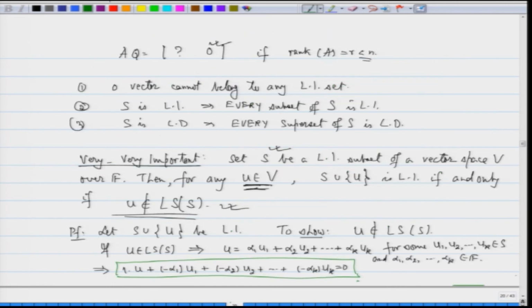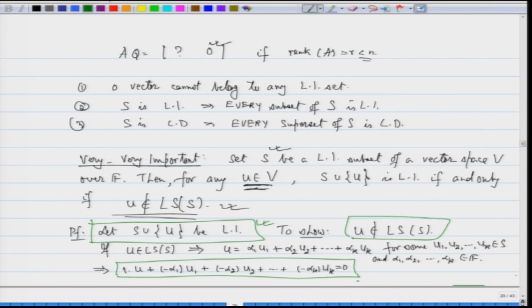Look at this, this is what our assumption was. We assumed that S union U is linearly independent, where S was linearly independent. From there we wanted to show that U does not belong to the linear span.